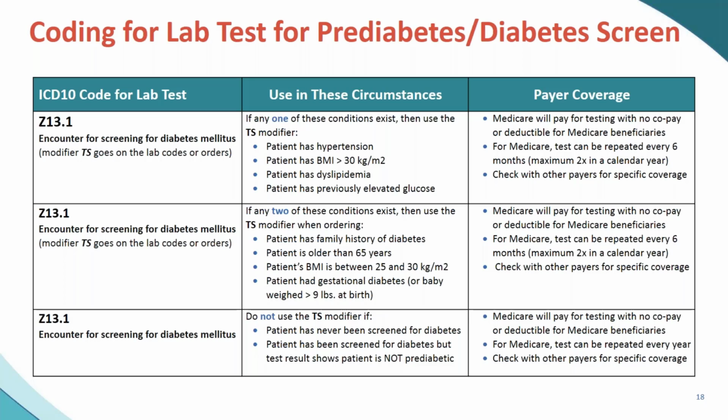And then you do not want to use the TS modifier if the patient has never been screened for diabetes, or if they have been screened for diabetes and the test results show the patient is not pre-diabetic. So those are cases in which you just want to make sure you're using the TS modifier correctly.